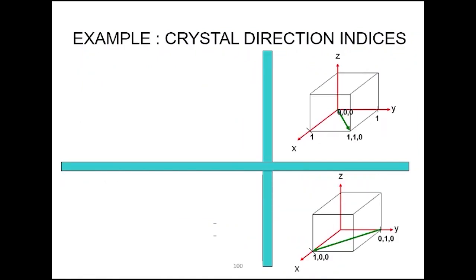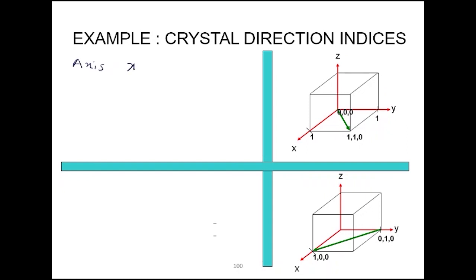Now we are going to look at examples for crystal direction indices. Before this, I told you about head and tail. What is meant is that the head has an arrow like this, and the tail has no arrow. For the first example, to find the Miller indices of direction for this crystal, what we have to do is write down the axes.